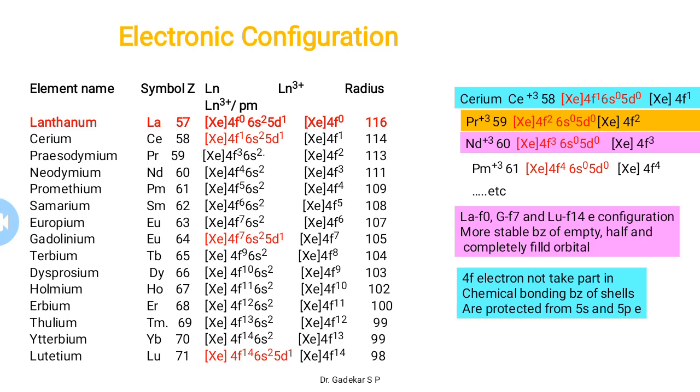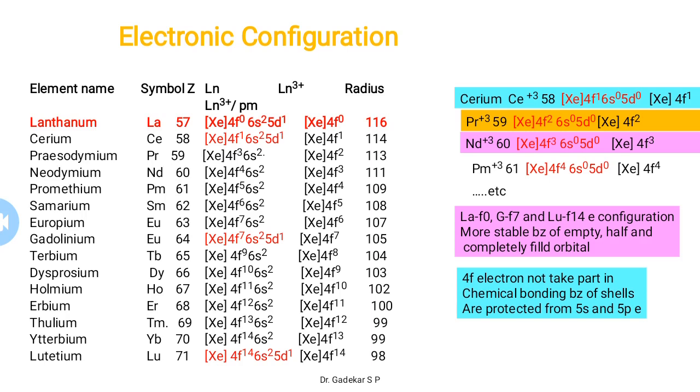Similarly, cerium contains 4 electrons in the outermost shells, but it shows 2 oxidation states, plus 3 and plus 4. Cerium shows plus 3 because the s and d orbitals contain 3 electrons, and these 3 electrons are lost easily.